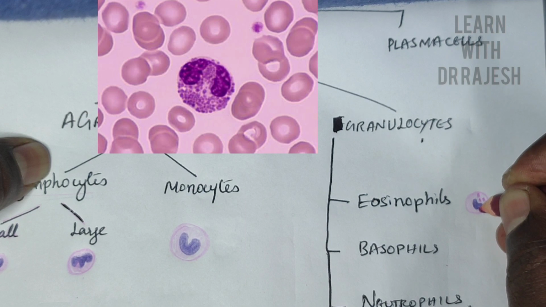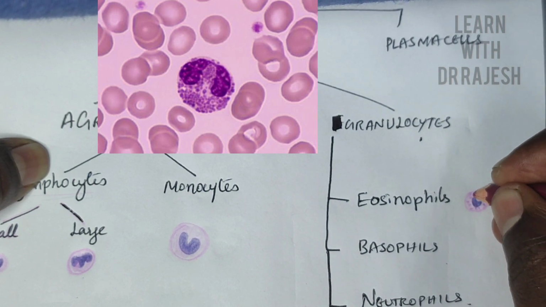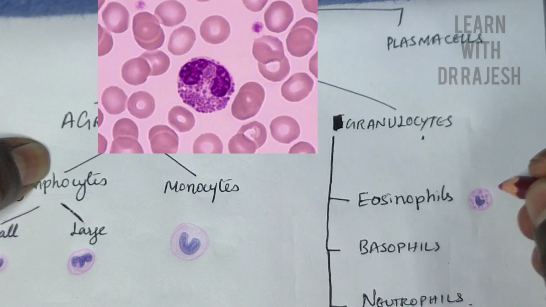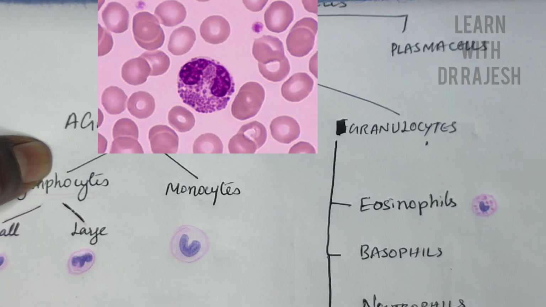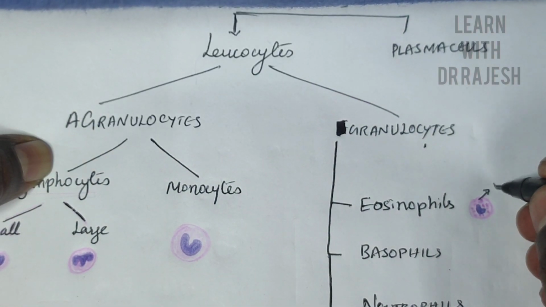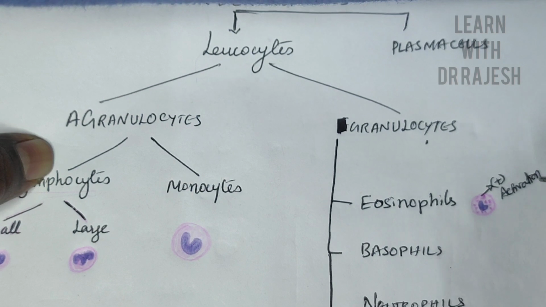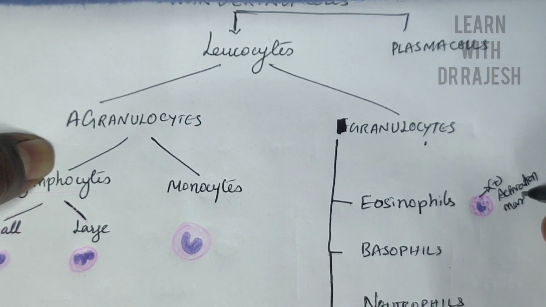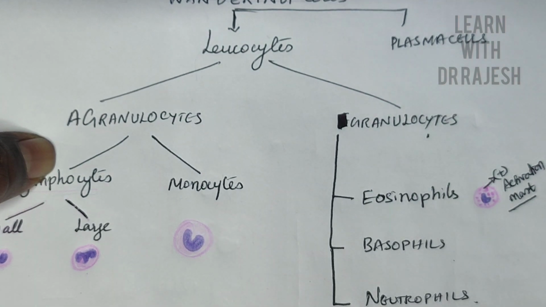These are acidophilic granules which are present throughout the cytoplasm. These granules are responsible for activation of mast cells, so that the mast cells will start releasing histamine.